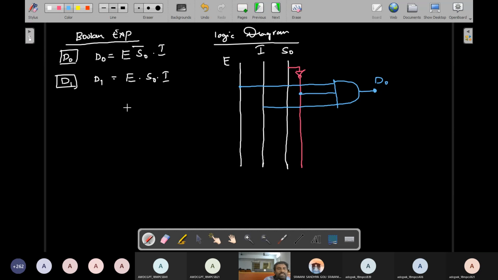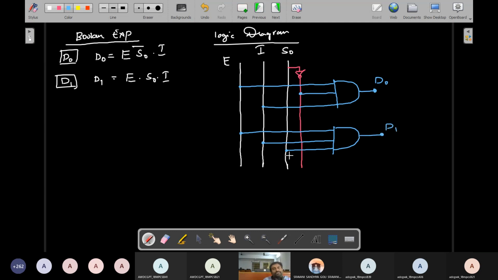Similarly, come to this case, E is in high condition and I is also high condition, and here S0 is also high condition. So please represent everything in this example. This is also connected by an AND gate, and this is your D1.